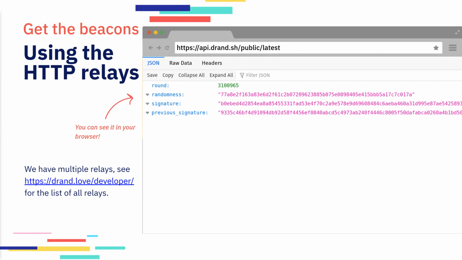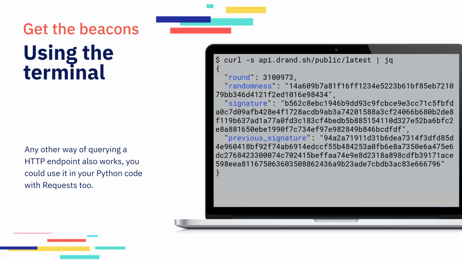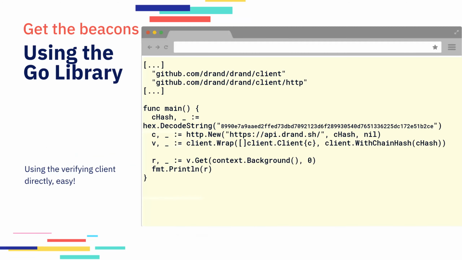As I said, it's an HTTP endpoint, so you can also use your terminal to access it, or Python code, Java, JavaScript, whatever languages you want. You just need to access that HTTP endpoint, and it will return a JSON formatted beacon to you. So here we can see it in the terminal using curl and a pretty JSON printer.